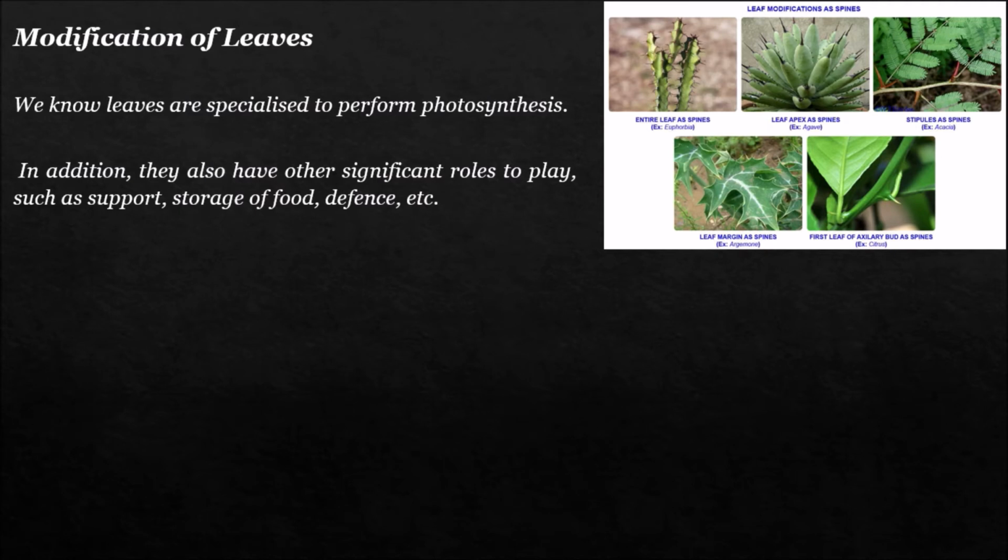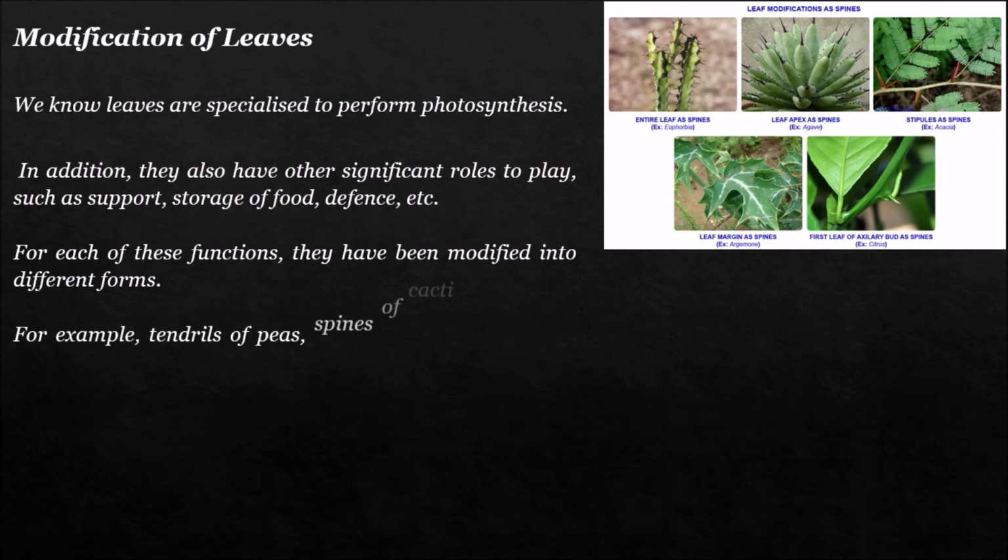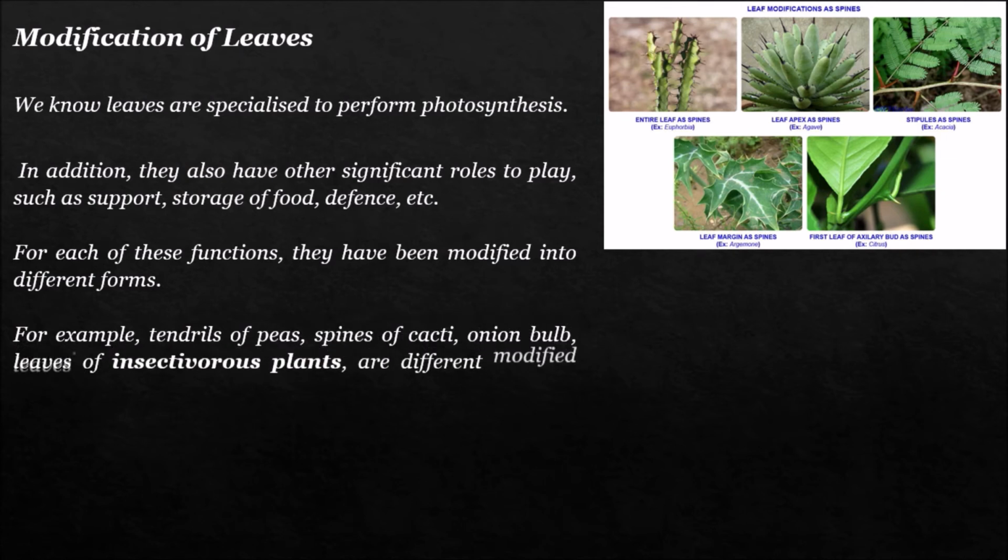So how? For each of these functions, they have been modified into different forms in order to perform support, storage of food and defense. For example, tendrils of peas, spines of cacti, onion bulb, leaves of insectivorous plants are different modified leaves.